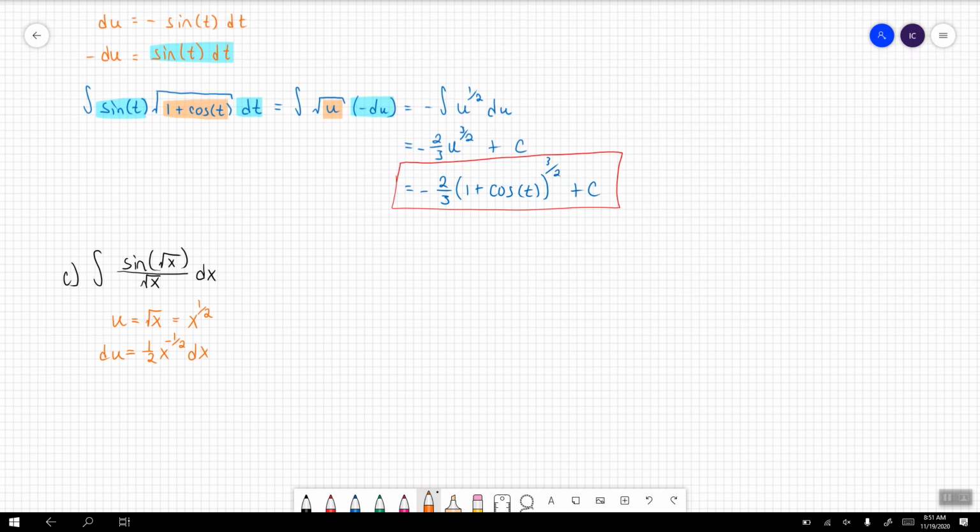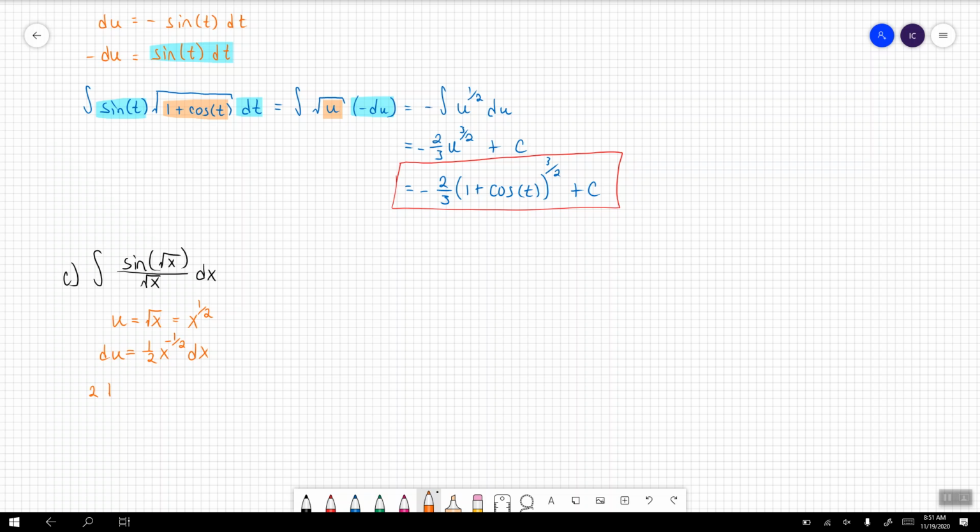Now, it might be hard to see if this differential is in my integrand here. Not initially with my substitution, but as part of the multiplication that's taking place. So I'm going to get rid of this negative exponent by using my algebraic tools. And then I don't see a 1/2 in the integrand, but 1/2 is a constant and we can multiply both sides of that differential, so that's not an issue.